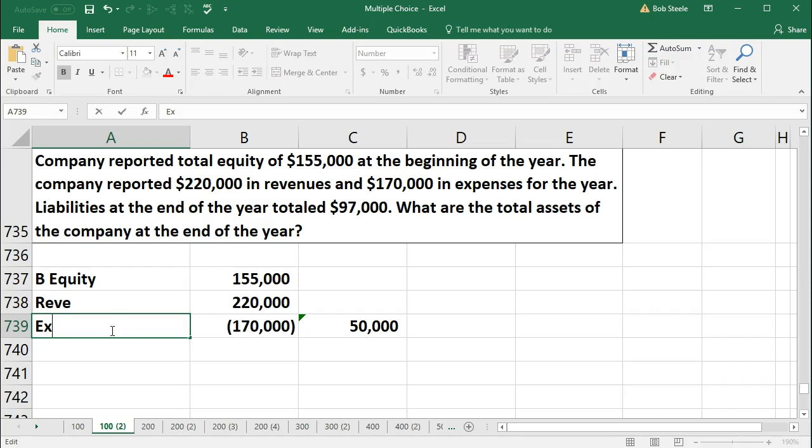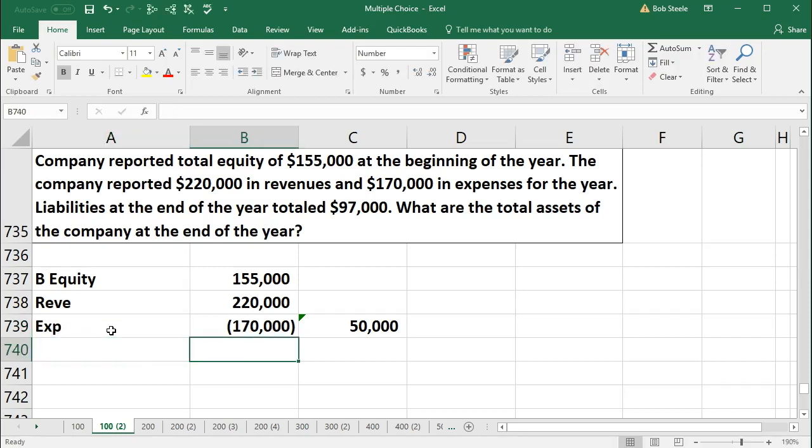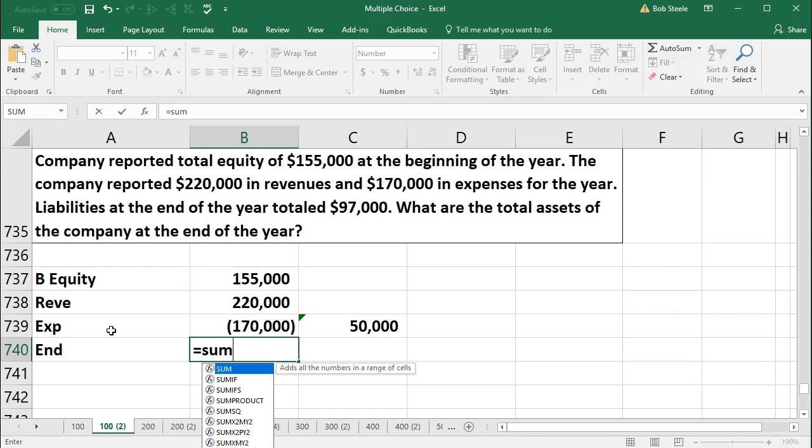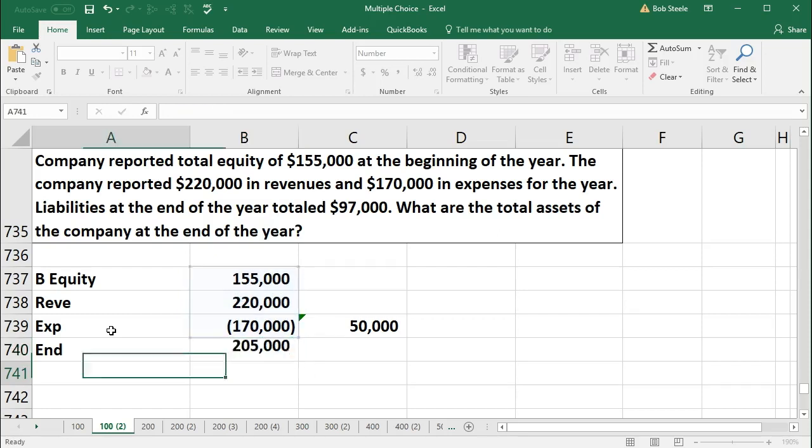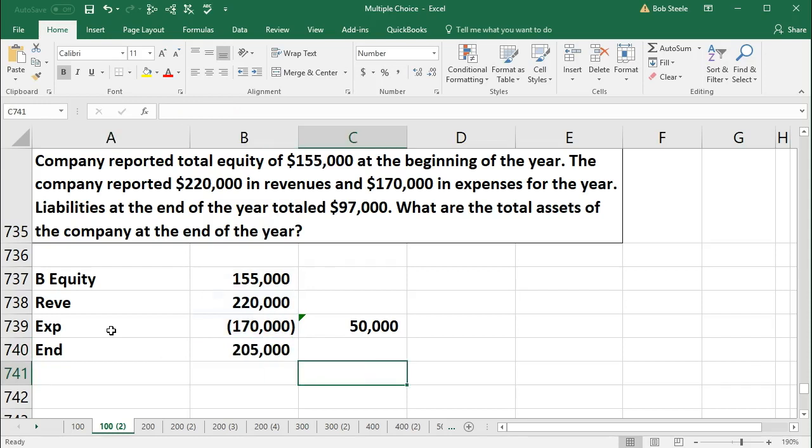And that'll give us the ending equity, because we're not showing any investments or any draws at this point, so we're assuming there are none. So I'm going to do the math here: 155,000 plus 220,000 minus 170,000 gives us our total equity there.